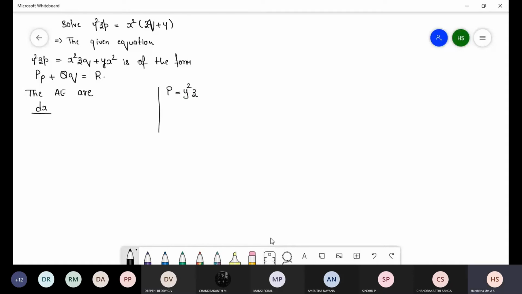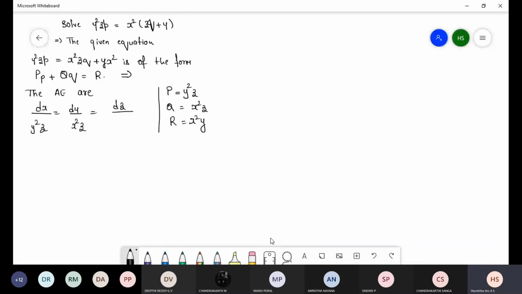So I write here y square into z. Dy divided by Q is x square into z. Again, that is equal to dz divided by capital R value, which is x square into y.